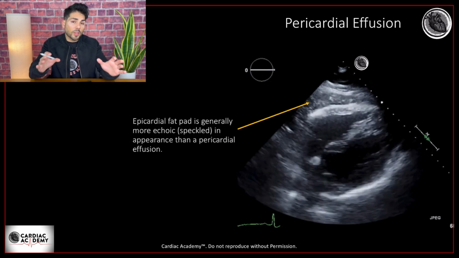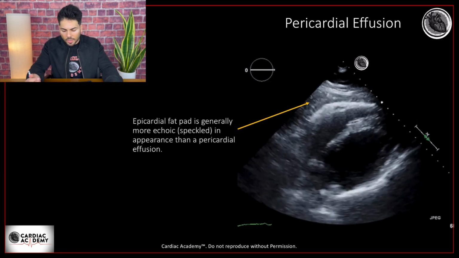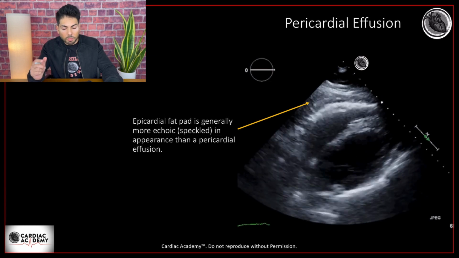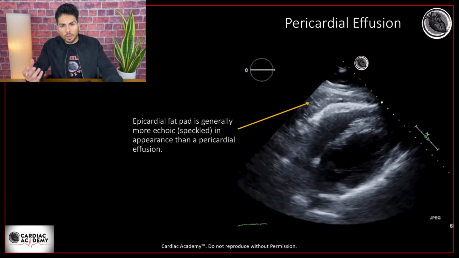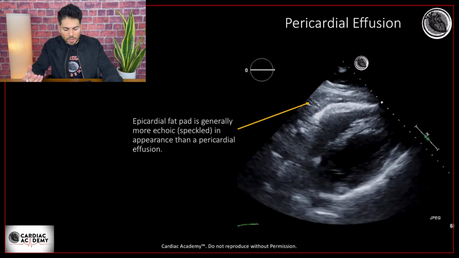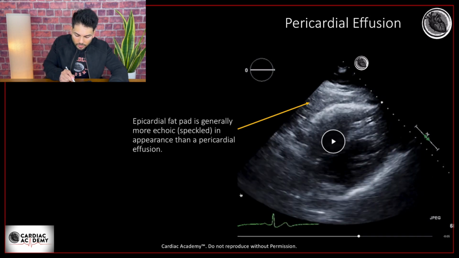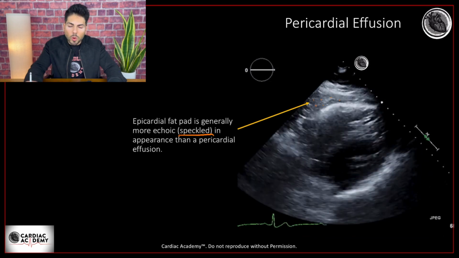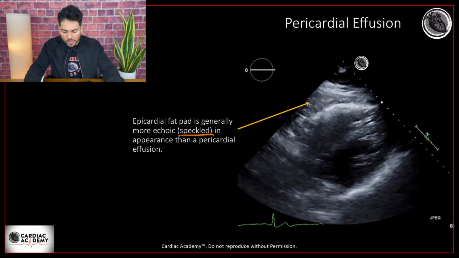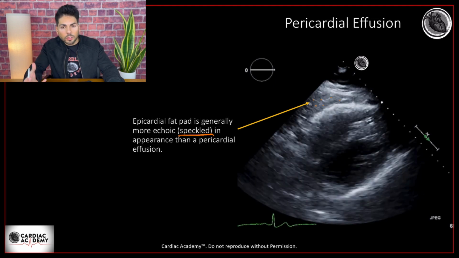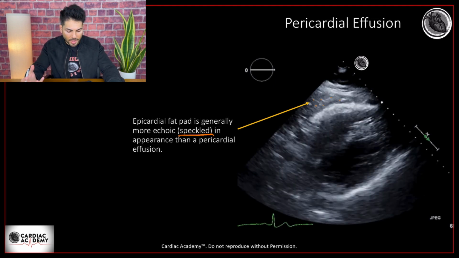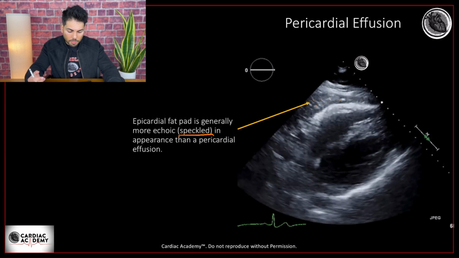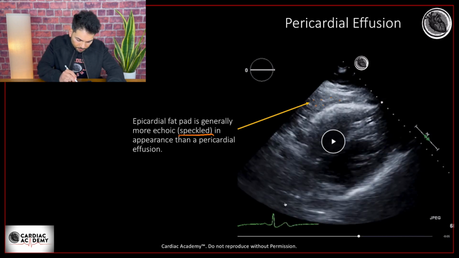So remember that around the heart we can also have some fat, and when that fat becomes big enough, it might look like a pericardial effusion, but it's speckled. It has some tiny hyperechoic structures that let you know that it's actually fat. So it's a fat pad, okay? An epicardial fat, you can see here.